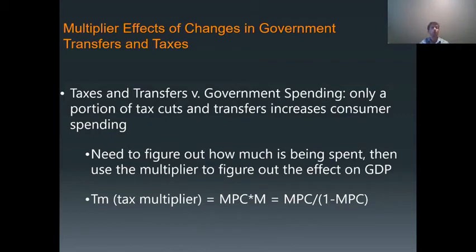So what you do is you multiply the multiplier by the MPC, because that is how much is being spent in that first round. So the tax multiplier, it's really the tax and transfer multiplier, is MPC over 1 minus the MPC, or MPC over MPS if you have the MPS.